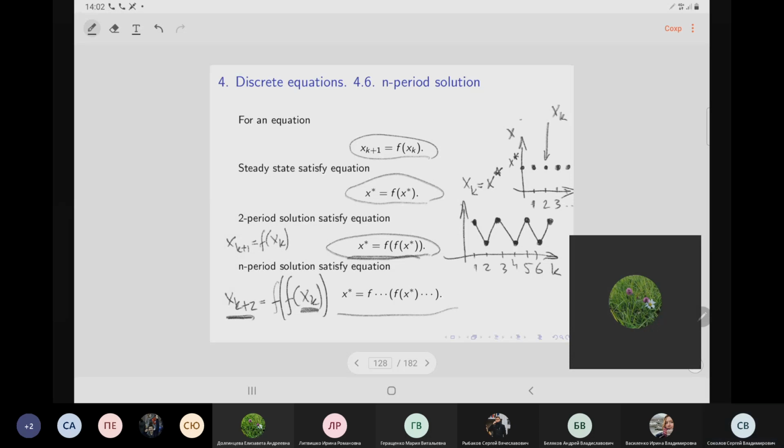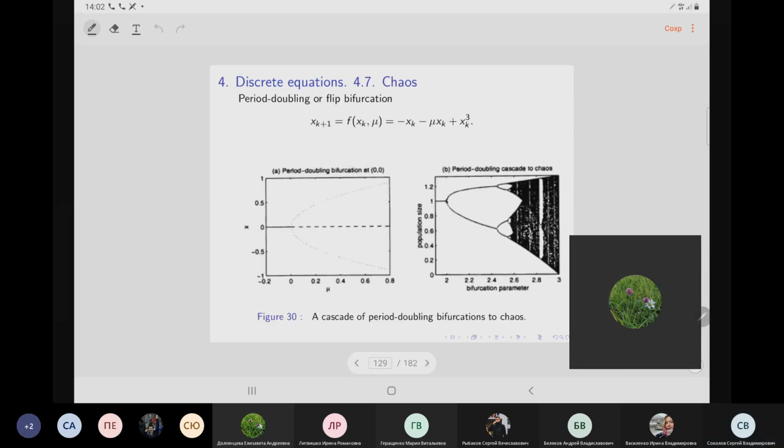What is next? We can consider an equation with some parameter, and we'll see what's going on when we change this parameter. For example, there is a chaotic motion in the following equation.